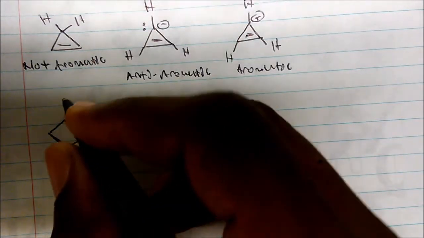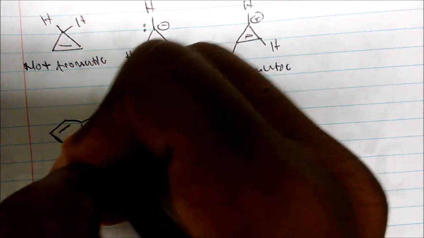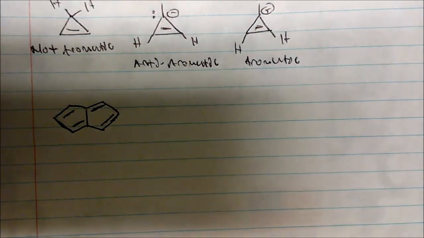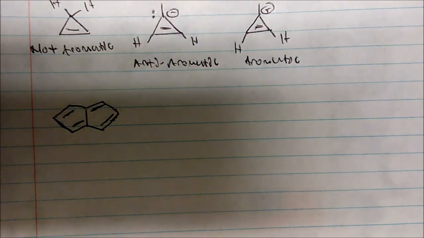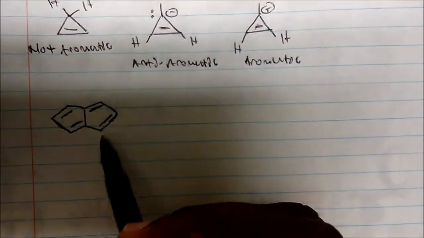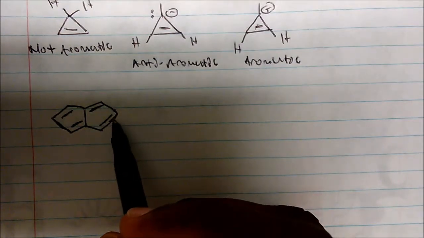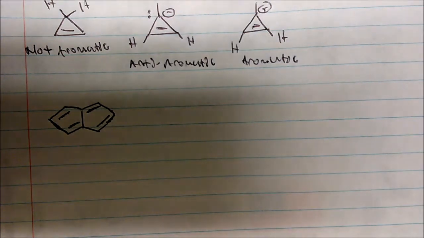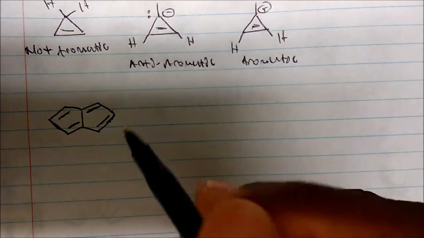All right, so if I'm looking at this compound here, looks kind of weird, but is this aromatic, anti-aromatic, or non-aromatic? Well, if I look, all my carbons are sp2 hybridized. You agree? I have a hydrogen here, so I have 1, 2, and the hydrogen bond, three electron groups. So all my carbons are sp2 hybridized.